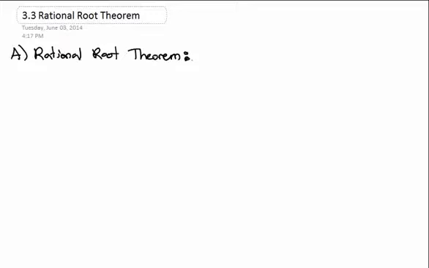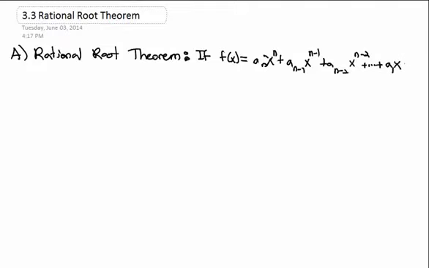Now, rational roots means the answer is a fraction. We can set that factor equal to 0 and we'll get a fraction for our answer. Might be a whole number too. The idea is if f of x is equal to a sub n x to the n plus a sub n minus 1 x to the n minus 1 plus a sub n minus 2 x to the n minus 2, and so on, all the way to a sub 1 x to the first plus a sub 0.